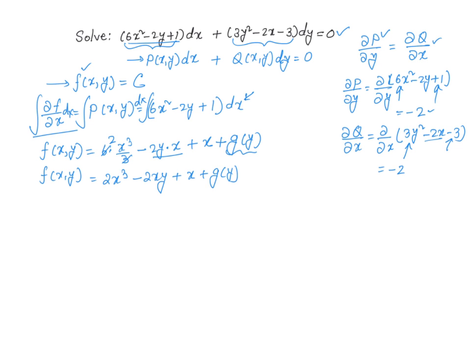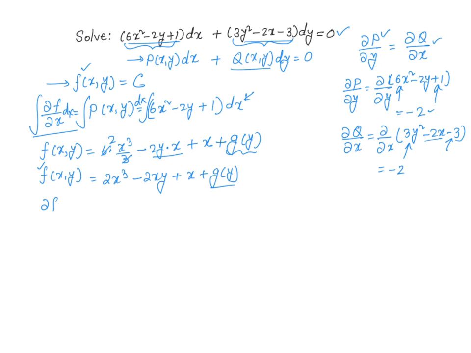So we found f of x comma y, except that we didn't find g of y. Is there a way to find g of y? The answer is yes. You know that Q of x comma y is the partial derivative of this function with respect to y.